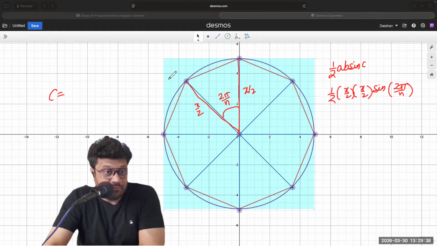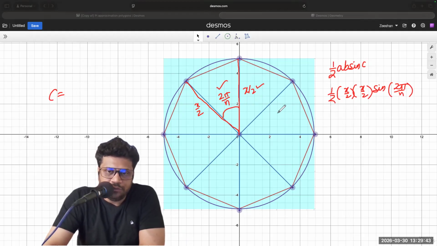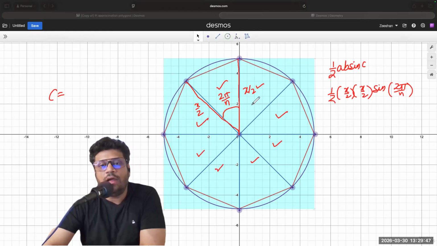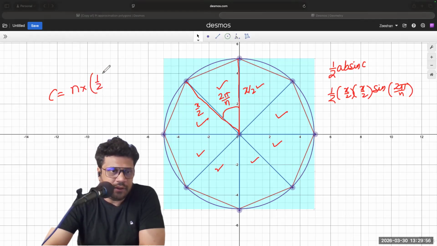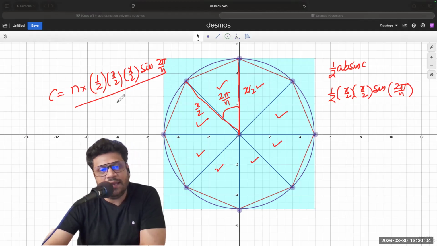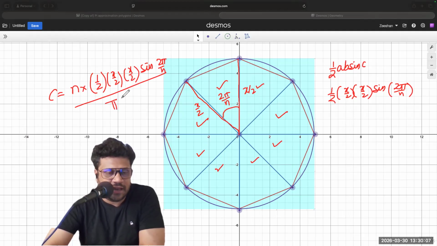If it's n number of sides here, it's the area of 1, 2, 3, 4, 5, 6, 7, 8 triangles. If it's an n-sided polygon, I'm going to have n triangles, so n into that area, half into x by 2 into x by 2 into sine of 2 pi by n, divided by the area of the circle. The area of the circle is going to be pi x square by 4.